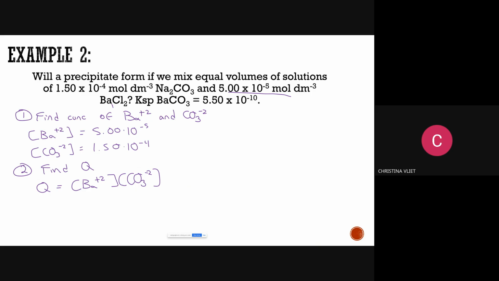This is one of each of them, so it'd be each to the first power, right? So this would be 5 times 10 to the negative 5 multiplied by 1.5 times 10 to the negative 4. I did the math. I got 7.5 times 10 to the negative 9. Let me know if that's what you get.